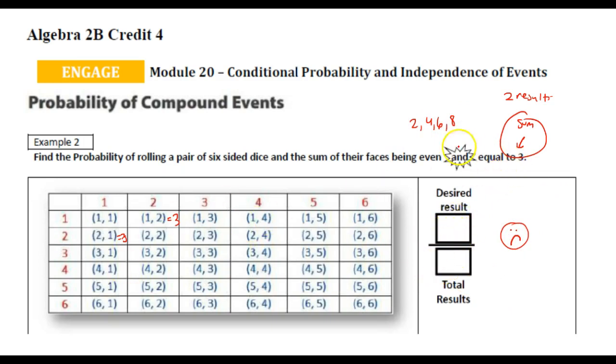I don't see any numbers that fulfill both of these. 0, right? So that's 0 out of the total possibility, which, I mean, I'm not going to count them up for you, but you can count yourself. There's 36 possible results. So that would be 0 out of 36 chance. Or if you wanted to simplify that out, 0 chance of that happening.